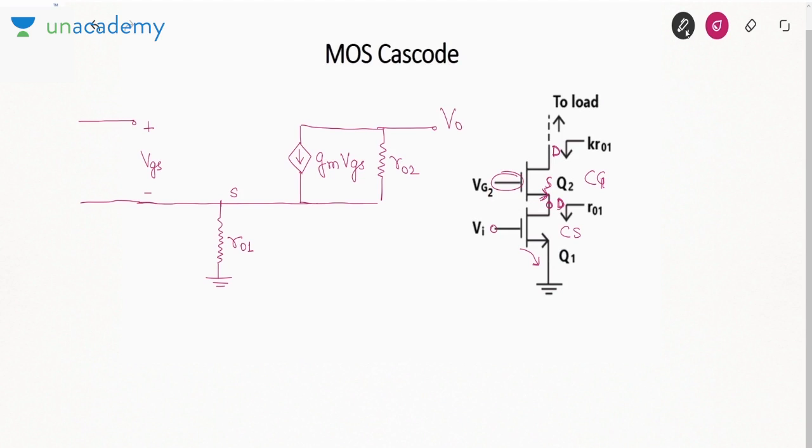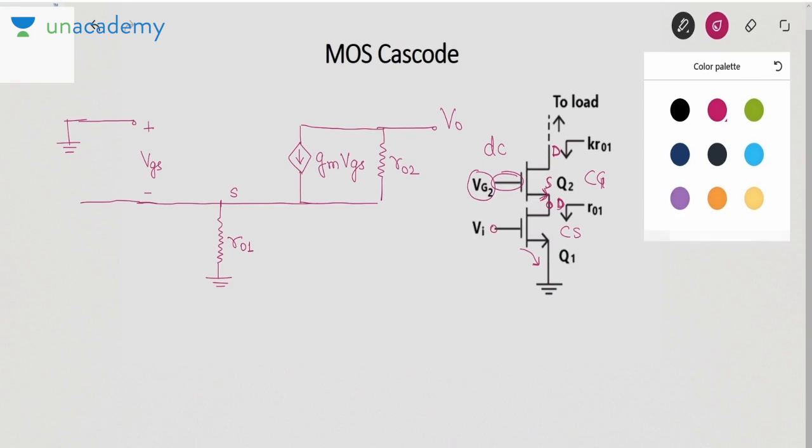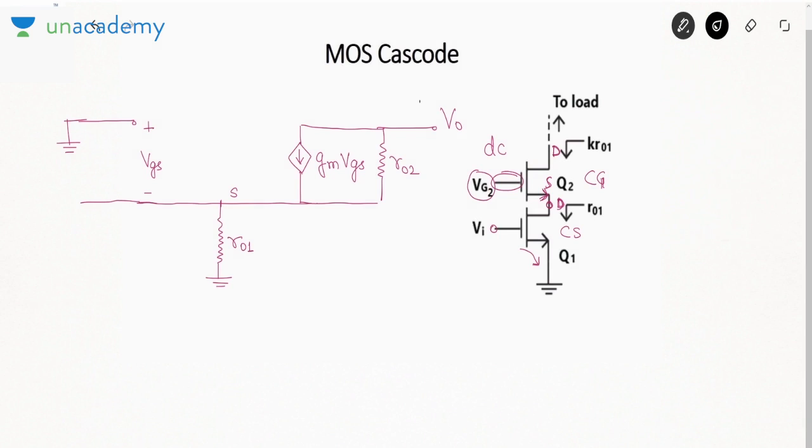Now this is a DC voltage. When we are doing AC analysis, we ground the DC voltage. So we will ground this terminal. Now what I need to do is find the output resistance of this configuration. If you want to find the output resistance of this configuration, R0 is nothing but V0 by I0.